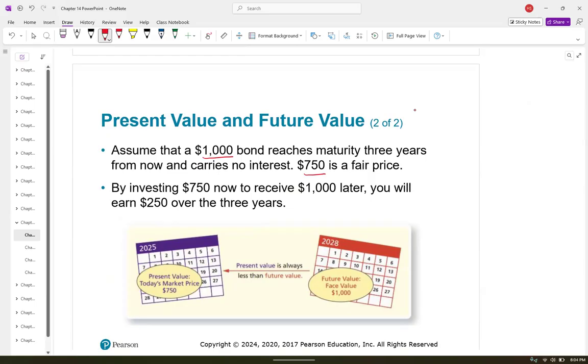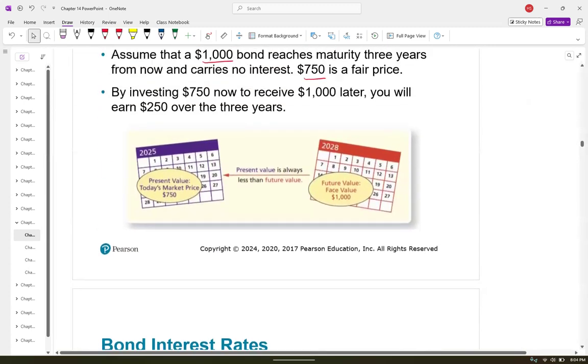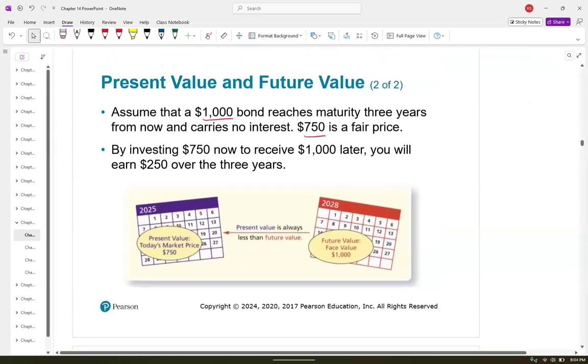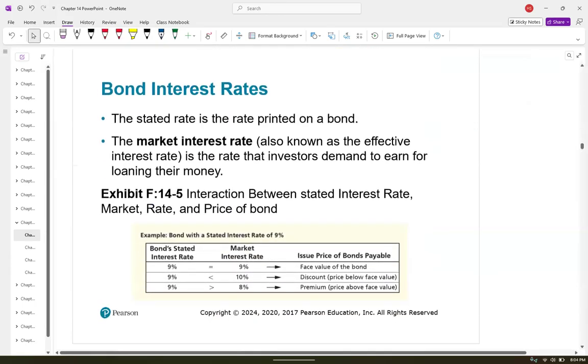We're going to earn $250 over the next 3 years. So you can see how dollars today are not the same as dollars 3 years from now, even a year from now.